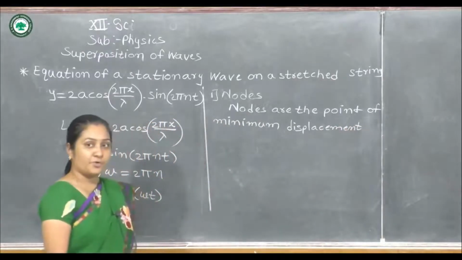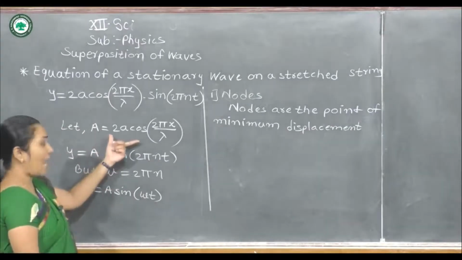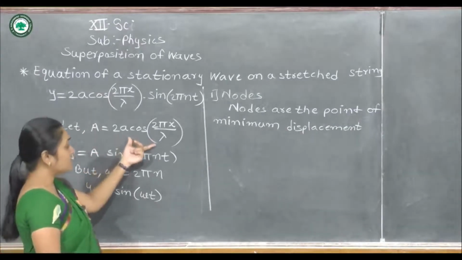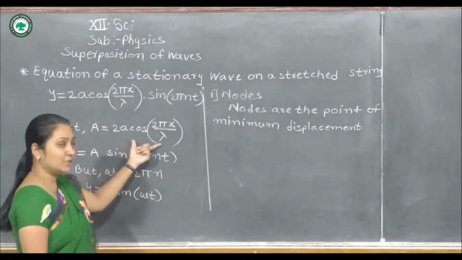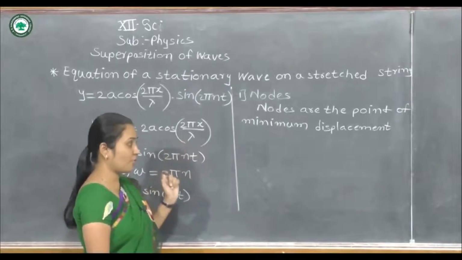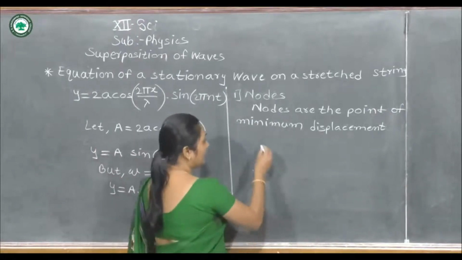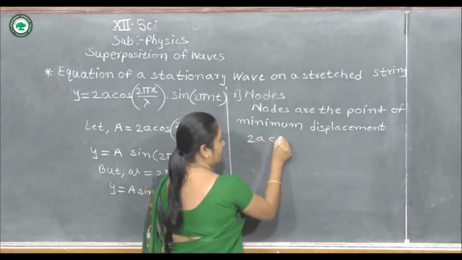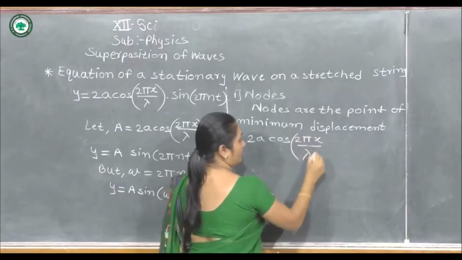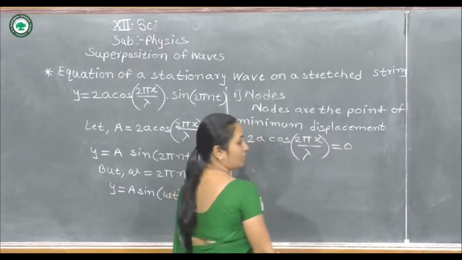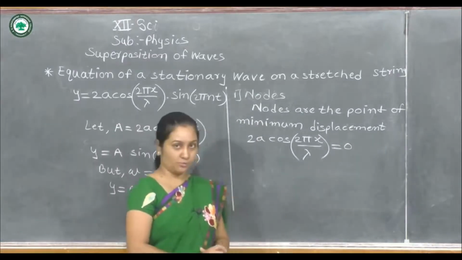So therefore we can write that the minimum displacement, that is the amplitude of this wave, is equal to 0. So we have 2a cos 2 pi x upon lambda equal to 0.